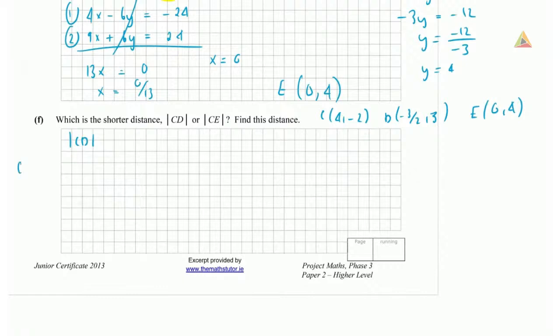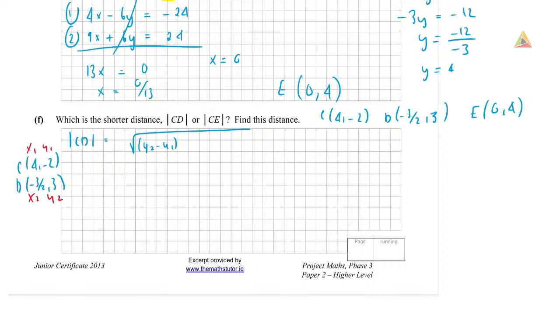When C is 4 and minus 2, and D is minus 3 over 2 and 3, label them x1, y1, x2, y2. The formula for the distance is the square root of y2 minus y1 squared plus x2 minus x1 squared, and you'll get that in your log table.